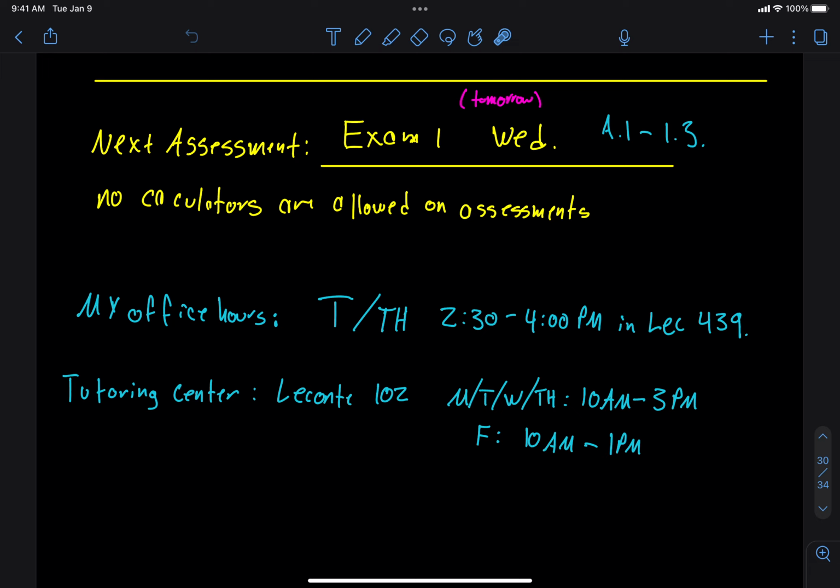If I don't specify, fully simplify your answer, then you don't have to. The other one was, will you have to find the y-intercept with a fraction as the slope? I don't think I can answer that, that question is a little bit too specific for me to answer.